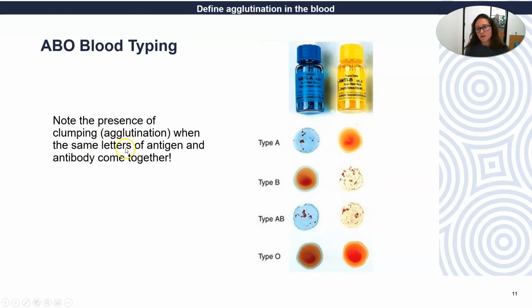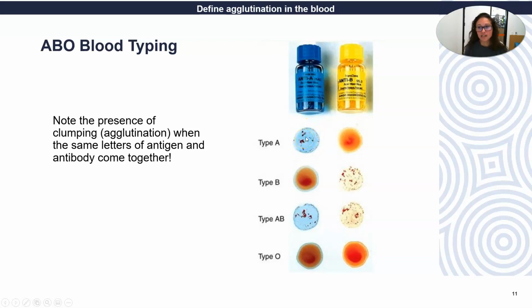So another way of thinking about it, if the antigen and the antibody contain the same letter, then they will clump together, and this is what agglutination looks like in real life. Okay, so if you have A blood with anti-A antibody, it's going to clump.